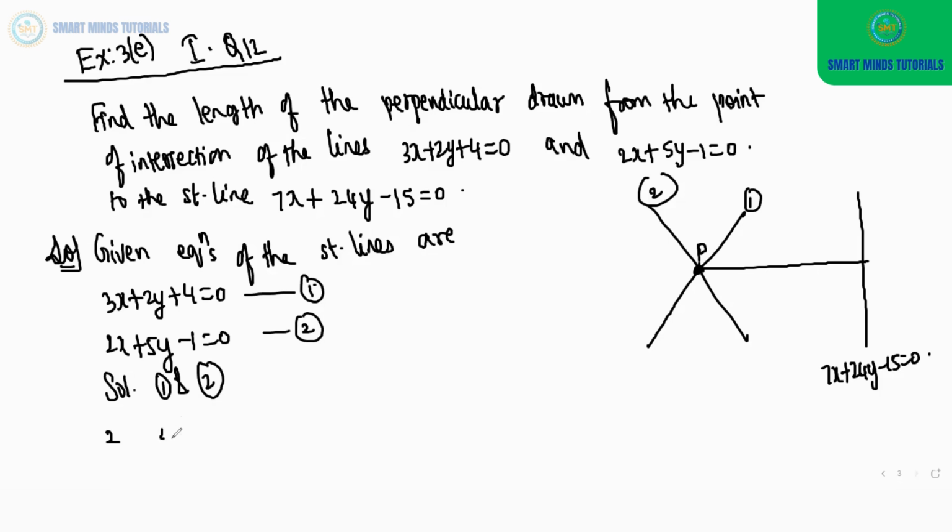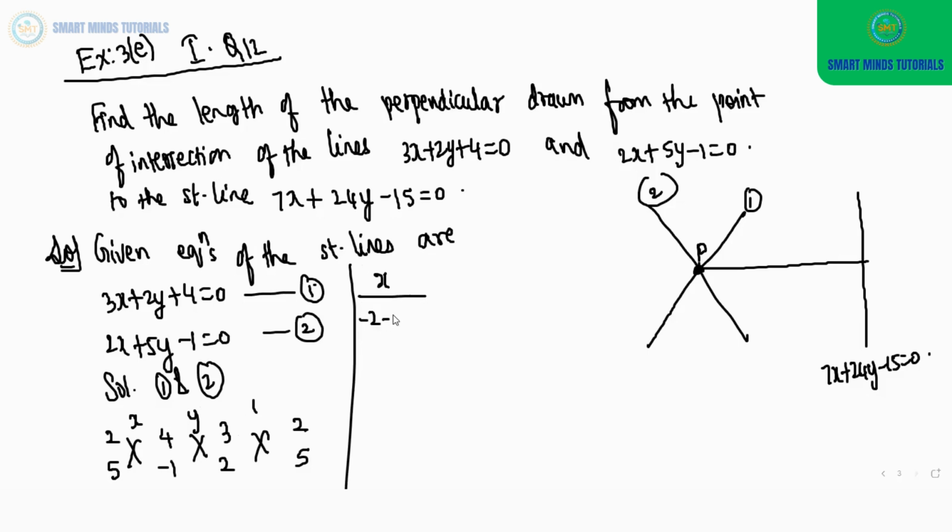So 2, 4, 3, 2. 5, minus 1, 2, 5. Here we write x, y and 1. Now you cross multiply. So we get x by (minus 2 minus 20) is equal to y by (8 plus 3) is equal to 1 by (15 minus 4).